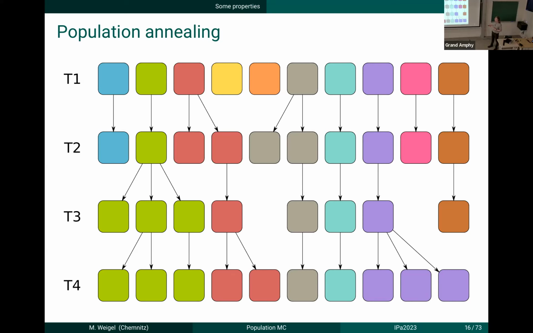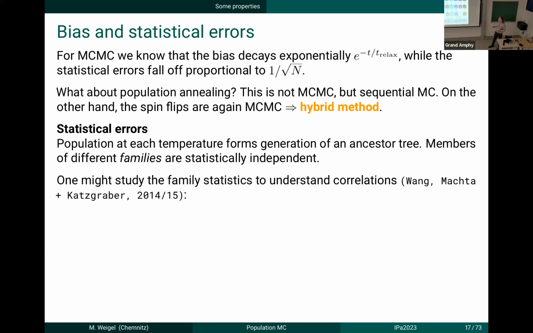And importantly, those families are statistically independent of each other, right? If you're in a different family, you haven't had any exchange of any sort with another family, and so clearly we have statistically independent subgroups in the sample at a given temperature, and so these can be used for estimating statistical errors.